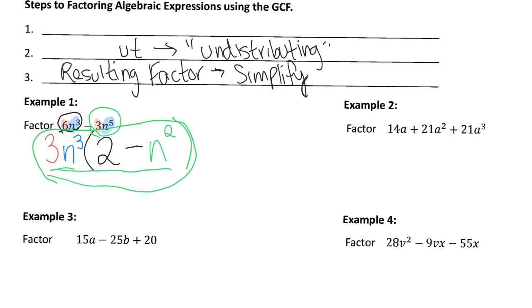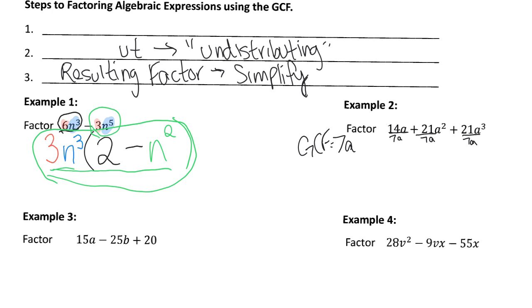Okay, so I want you to take a second and find the GCF of example 2. Take a moment and find the GCF. Okay, so hopefully you were thinking that the GCF is 7a. Okay, because you would be right. So we're going to divide each one of these by 7a. We're going to take away a 7a from each one of these. So our first thing is to always identify our GCF.